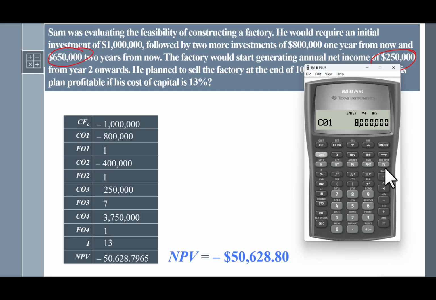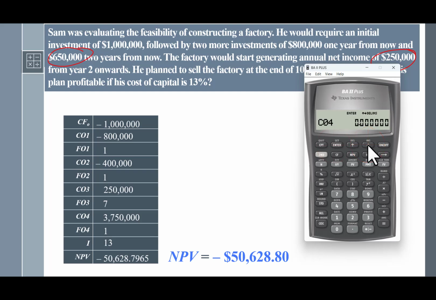I went to one more, so 800. And it's negative. Repeated only once. CO2, as we said, it's 400,000. Also negative. Repeated once. CO3 is the 250,000 from year 3 to year 9, so that's repeated 7 times.